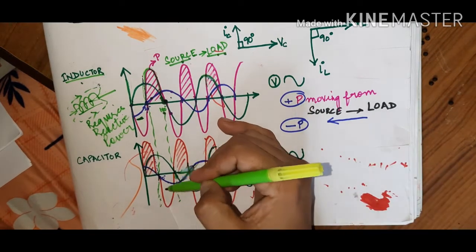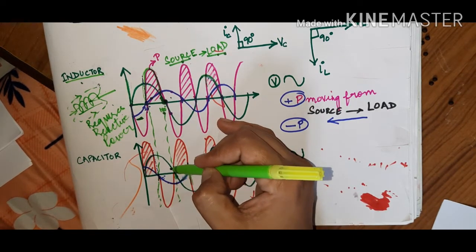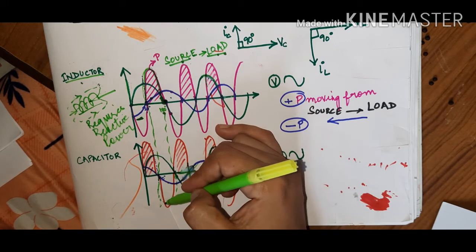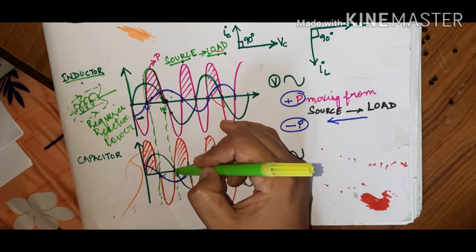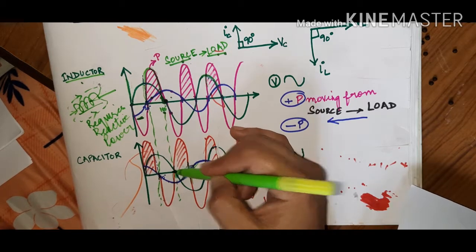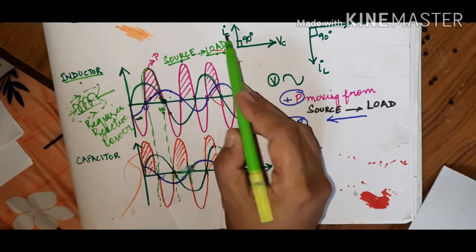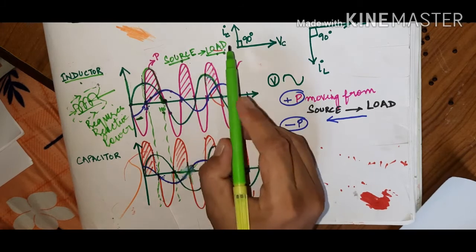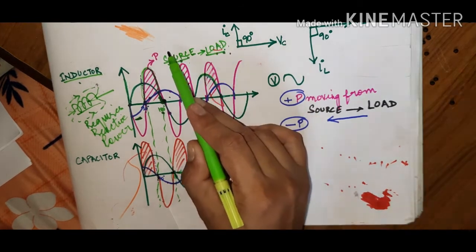Capacitor is having a negative half cycle of the power. A negative half cycle of the power means that some reactive power is supplied from the load back to the source, from the load back to the source.